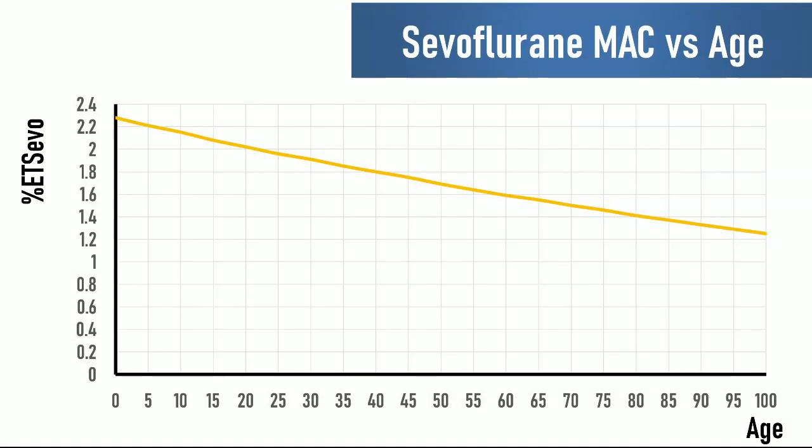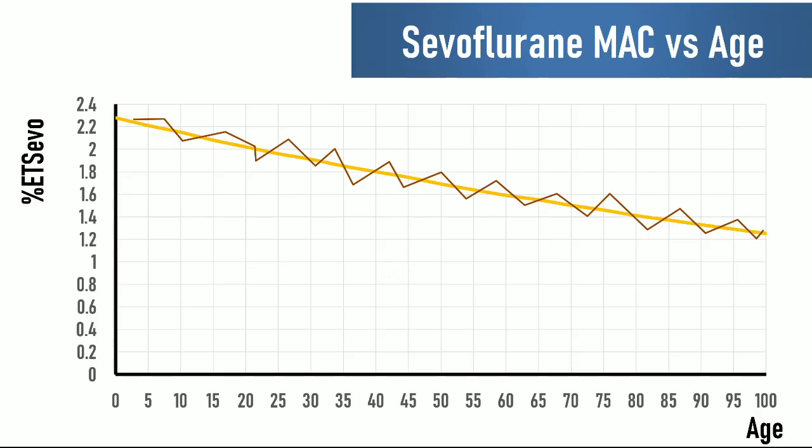Remember that there is going to be tremendous scatter along that line, so age is really important, but keep in mind that every single person has an end expiratory value of volatile agent at steady state that stops movement that may not line up with the population-based MAC. And that MAC number for that age represents the point where 50% of patients will inconveniently move following surgical incision. Cue lots of humiliating sarcastic comments by the surgical team.